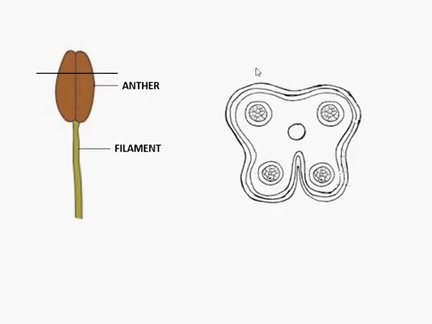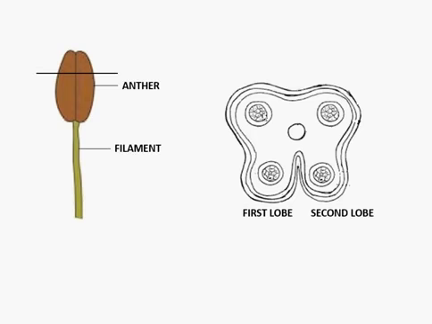This anther consists of lobe 1 and lobe 2. This is first lobe and this is second lobe. Each lobe has two chambers. This is chamber 1 and this is chamber 2. So total 4 chambers in an anther.